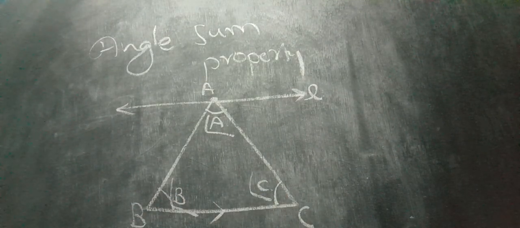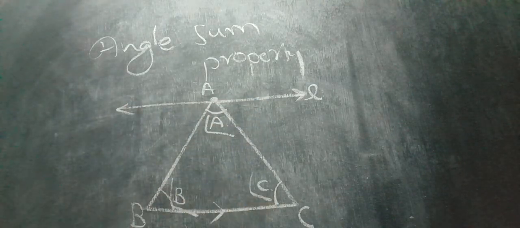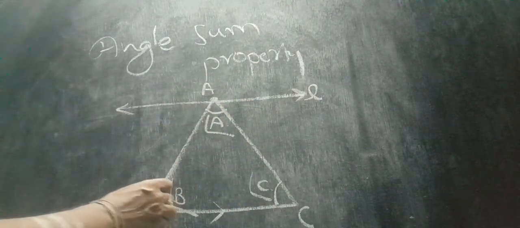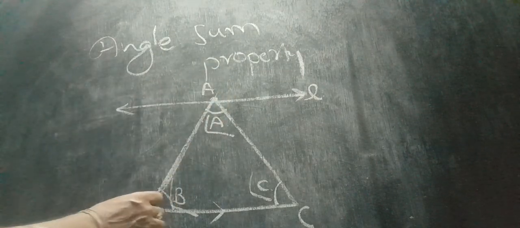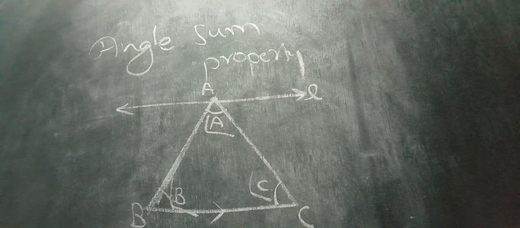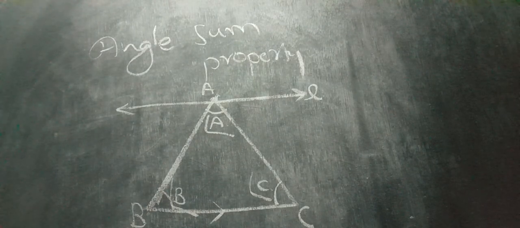Children, you have seen my last video. In that video, when these two are parallel lines, can you say what this is? Do you remember? This is a transversal. When a transversal is drawn on parallel lines, we get corresponding angles and interior alternate angles.